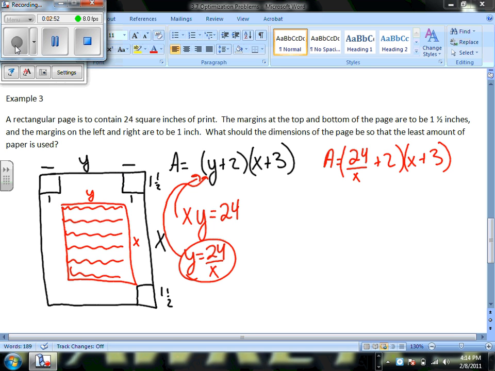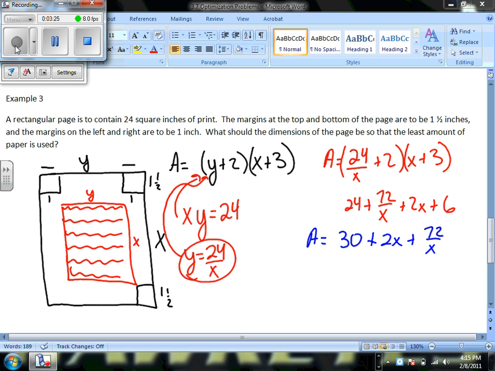Let's go ahead and FOIL this out and simplify a little bit. 24 over x times x is just 24. 24 over x times 3 is 72 over x. 2 times x is 2x, and 2 times 3 is 6, so plus 6. Let's combine like terms. So I have 30 plus 2x plus 72 over x. There's my area.